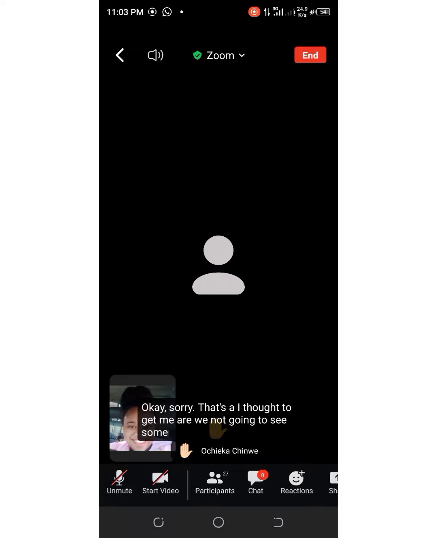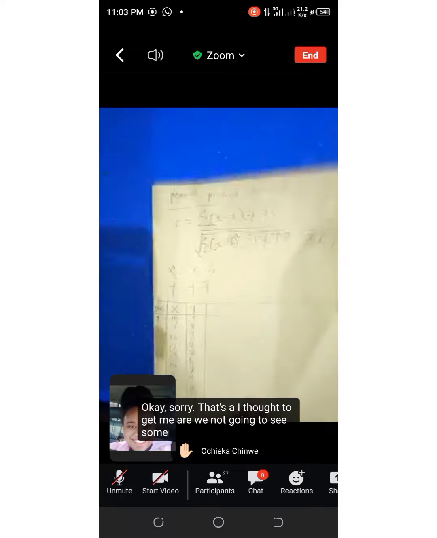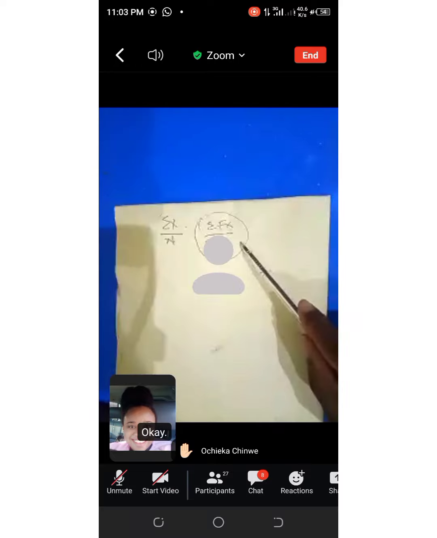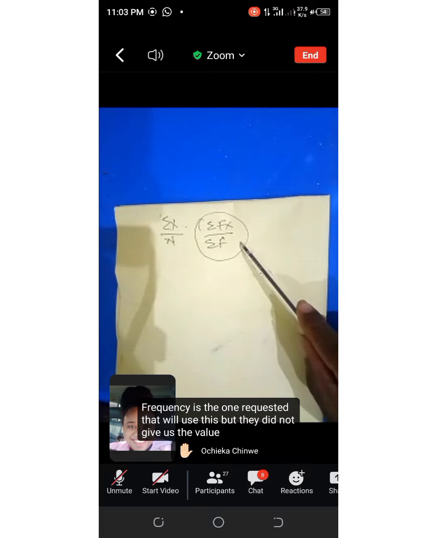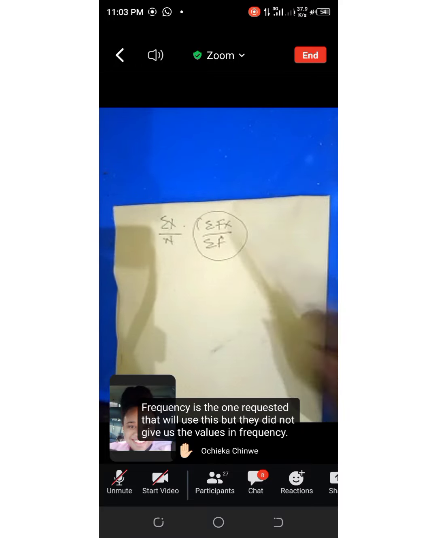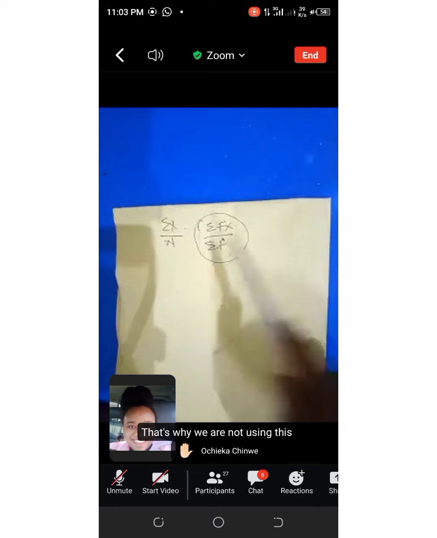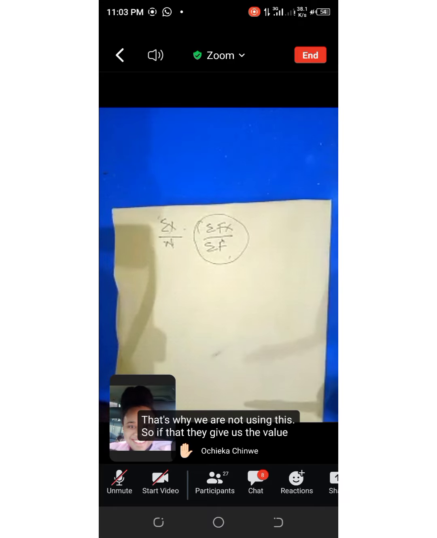That's why I said this one is not cumulative frequency. The one with cumulative frequency is where we use that, but they did not give us the values in frequency. It's just straight values. So if they give us the values in frequency, this is the one we use.